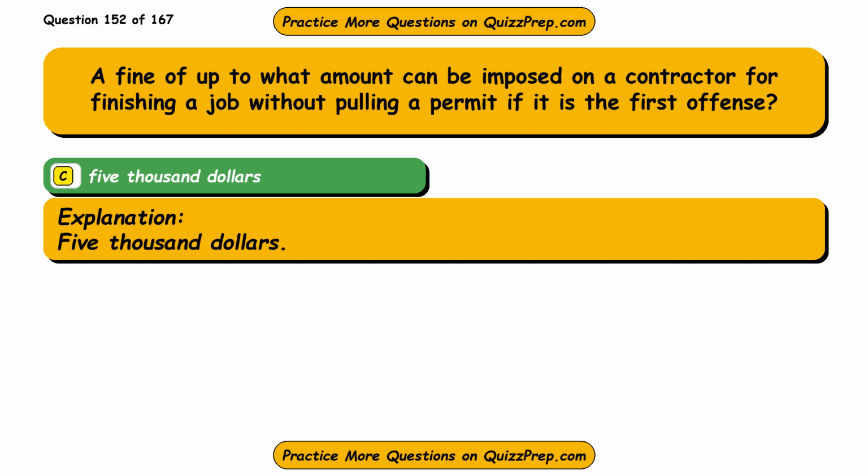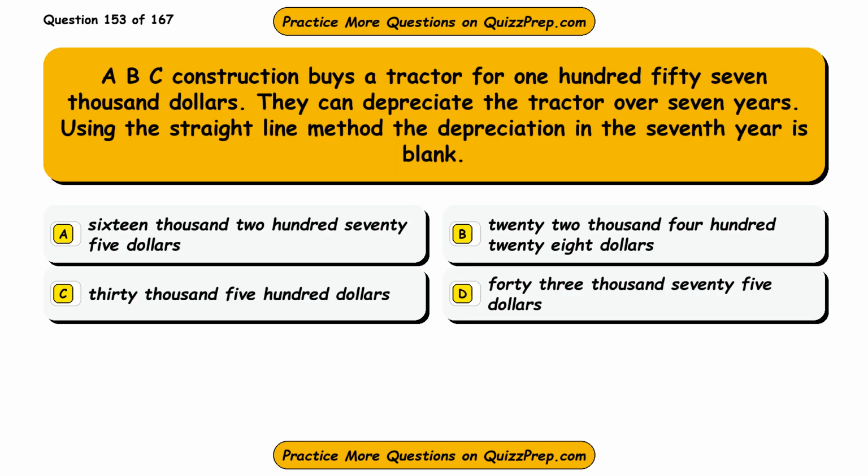$5,000. Question 153. ABC Construction buys a tractor for $157,000. They can depreciate the tractor over 7 years. Using the straight line method, the depreciation in the 7th year is blank. Option A, $16,275. Option B, $22,428.